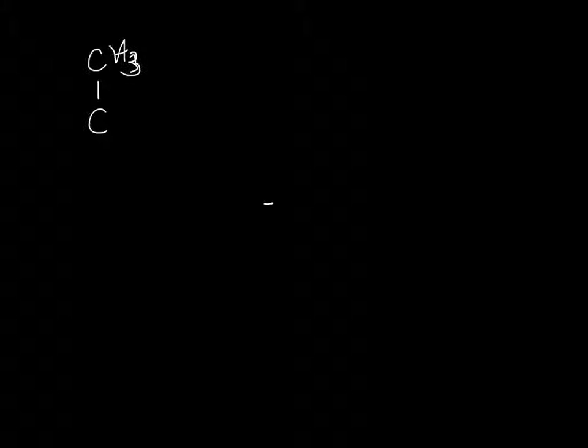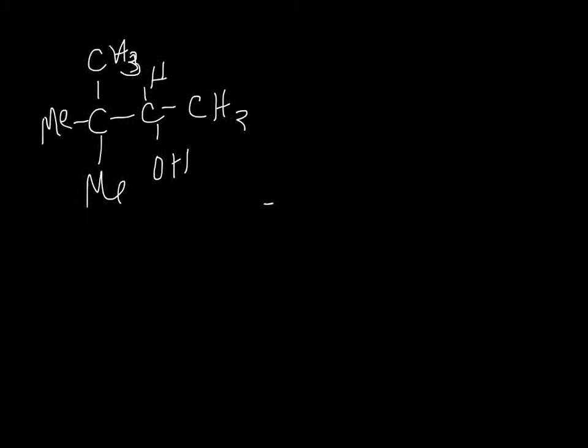And actually, for this time around, just to make it faster, I'm going to call methyls Me for those. It's the same thing. OH, H, CH3. Okay, and it requires an acid, my good friend, sulfuric acid.